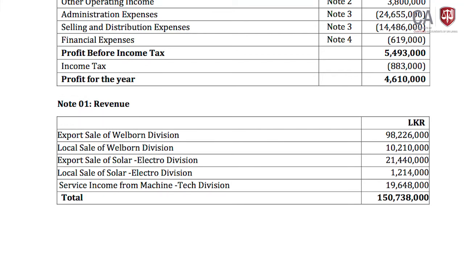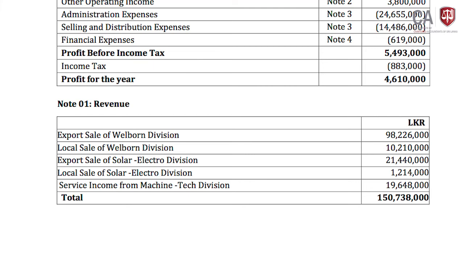When analyzing the pre-seen, you have understood that Pinnacle PLC is doing local selling as well as export selling as well as providing of services. Now you can see how their revenue breaks up, how they have earned the revenue throughout the year.